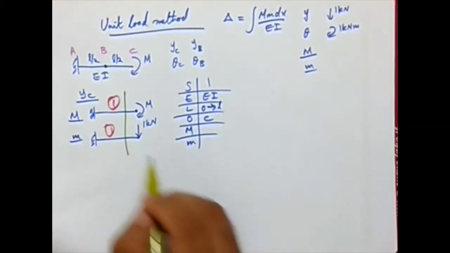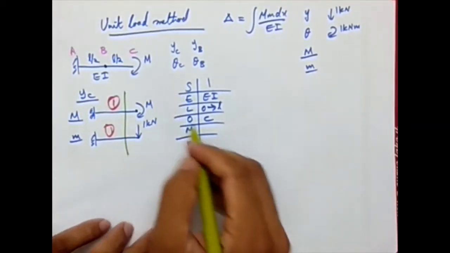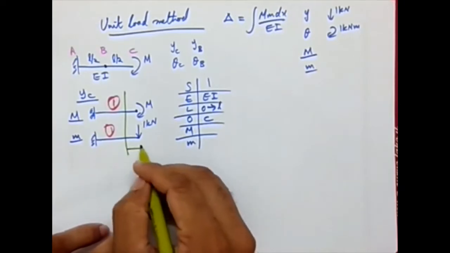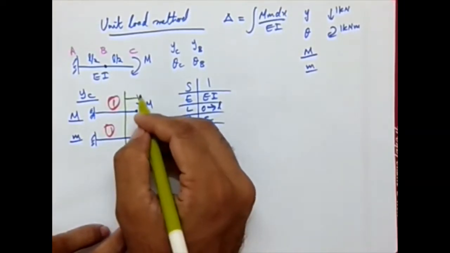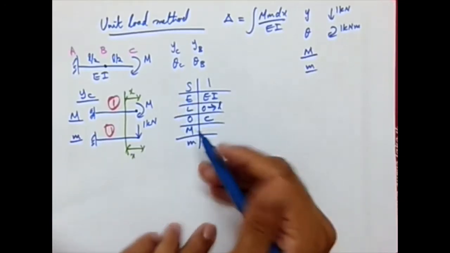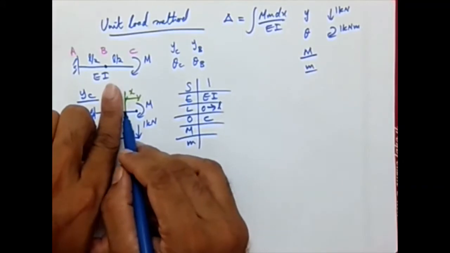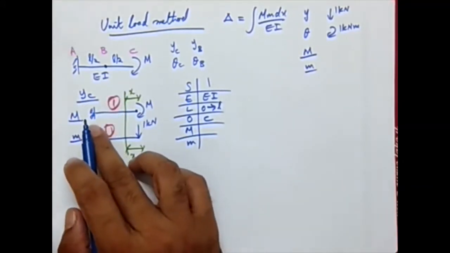Now we calculate the moments at the section. We consider a common section at distance X, measured from the origin. Now let's see the moment here. I'm looking to the right because on the left I would need reactions, which I haven't calculated.